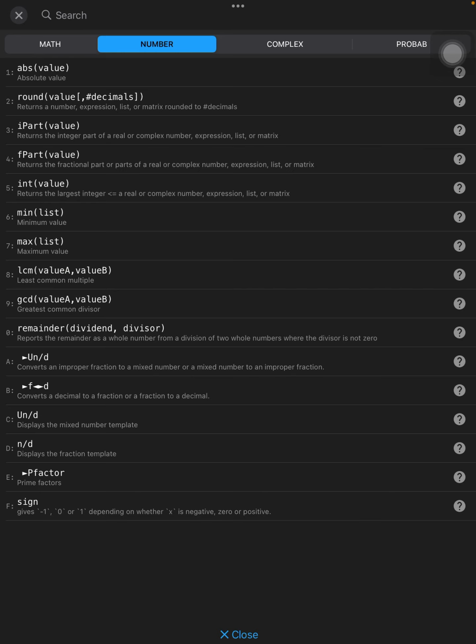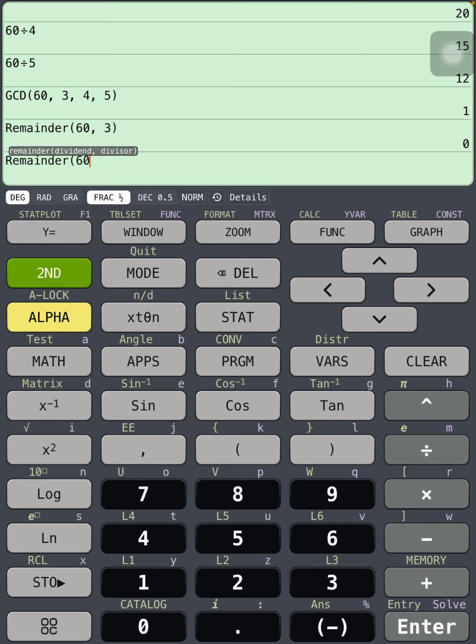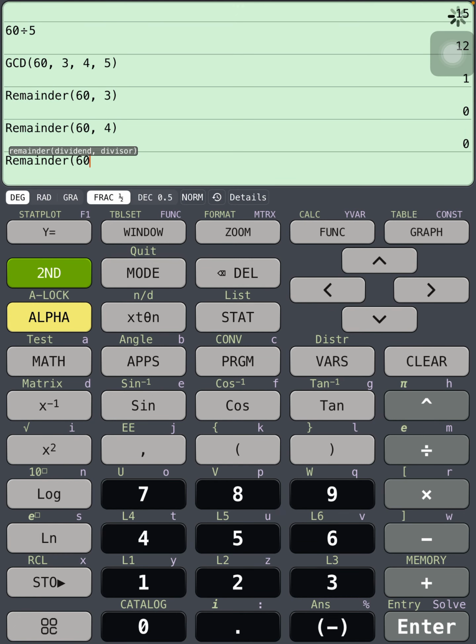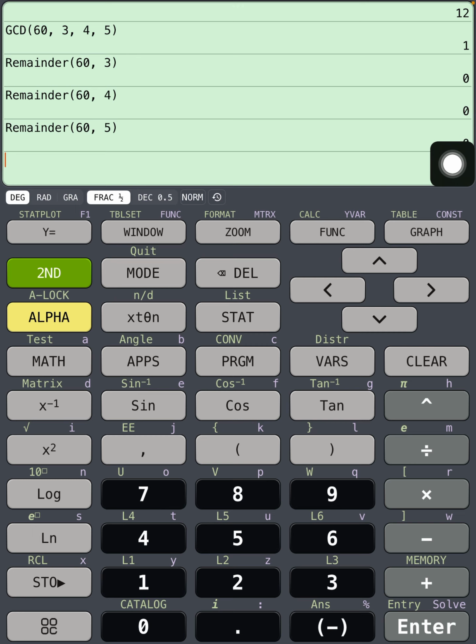Same thing, math, remainder. 60, 4, remainder of 0, as we know. And then 60 and 5, remainder of 0. So that's a modulo function. That's kind of a pure math, higher level idea, but it's the same as asking, if you divide a number by another number, what's the remainder?